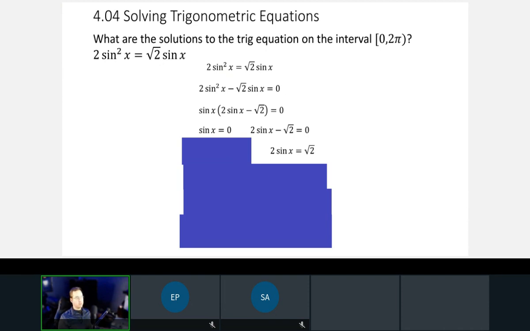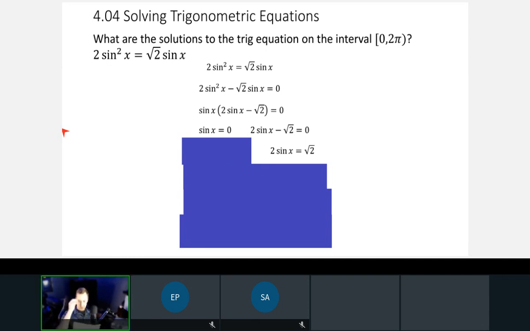All right. Let's solve the left one. Okay, so sine x equals 0. You want to use your unit circle because if you type in from here, you want to solve for x. You inverse or arc sine both sides. You type that and you hit enter. You only get one answer. Well, remember the unit circle. It says that we want from 0 to 2 pi. So you have to use a unit circle. Remember, sine is y, so you want to know on your unit circle, which all of you should have, I have mine printed out and have some stuff written on there too, when your y value is equal to 0.